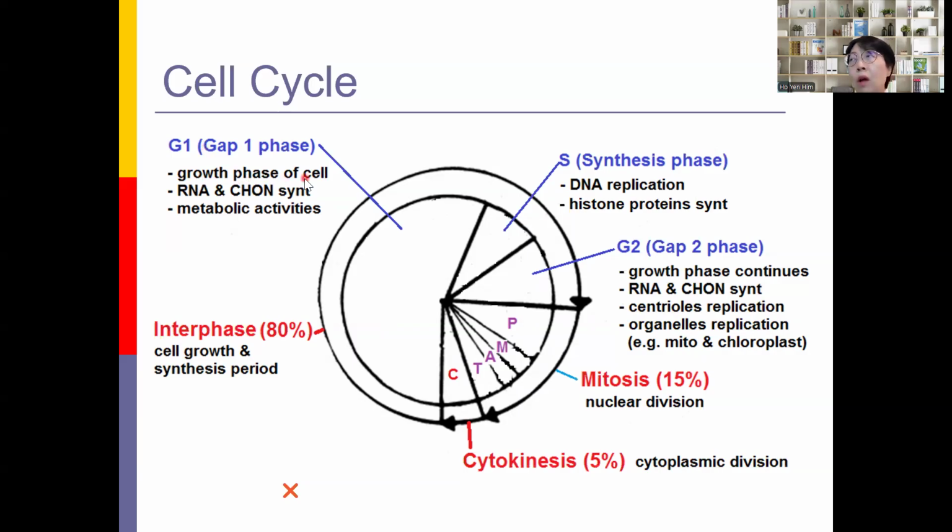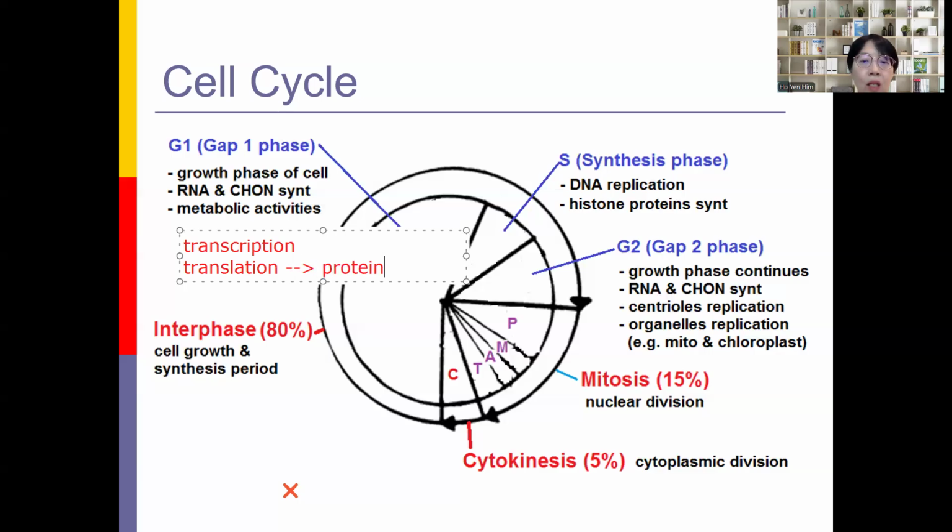Growth phase means the cell will grow bigger because the cell synthesizes RNA, synthesizes protein. That means to say transcription and translation happen to synthesize protein, and this protein can be an enzyme for metabolism. This protein can be structural protein.